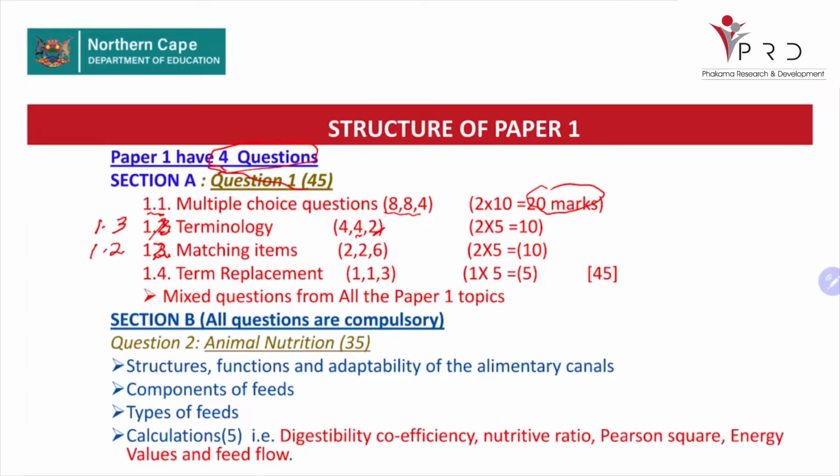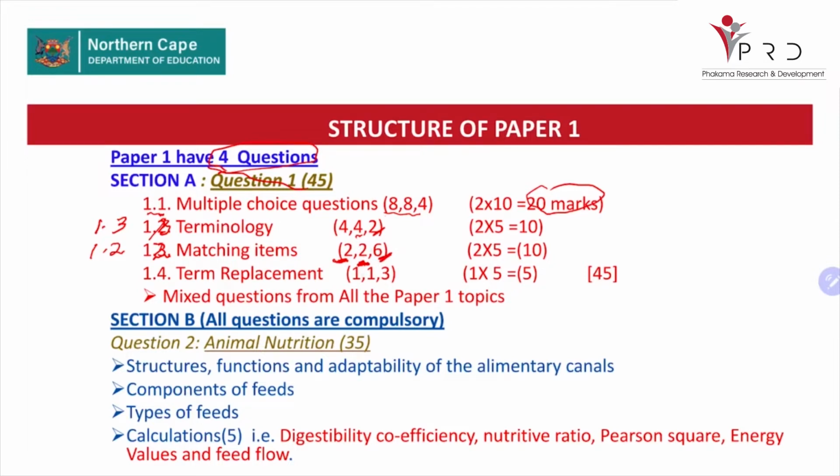The instruction will be in your question paper. So it also has 2 marks from animal reproduction, and 2 marks will come from animal nutrition, and animal production, animal protection, and animal control will be 2 marks, and the 6 marks will come from animal reproduction.